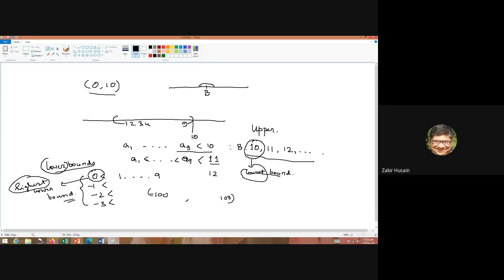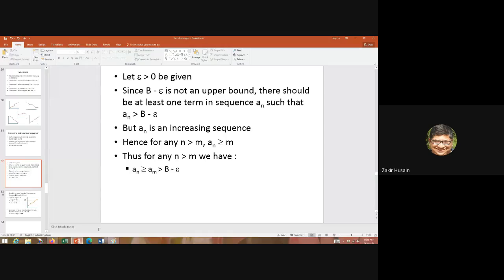We call this epsilon. Instead of epsilon, we could have used any other symbol. So we take a neighborhood epsilon, which is positive.